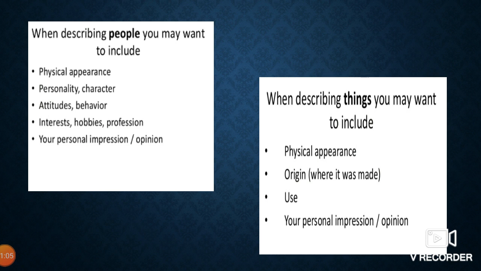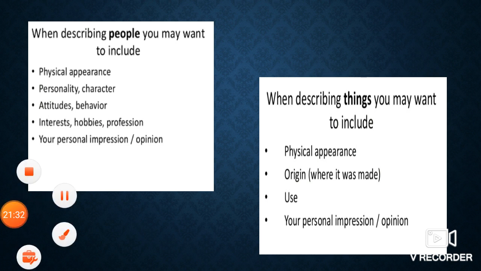Regarding any personality, any person, you can use these points. And if you want to describe any object: its physical appearance, where it originated, its uses, and your opinion as well. In this way you can use it.